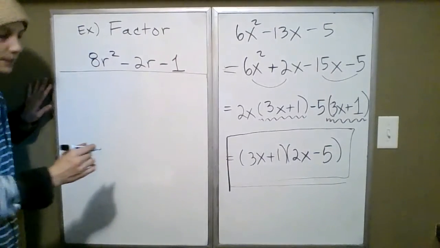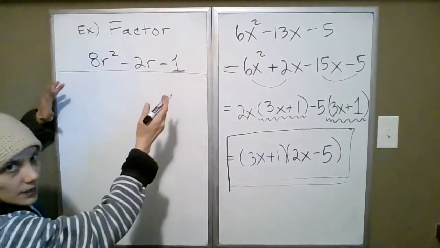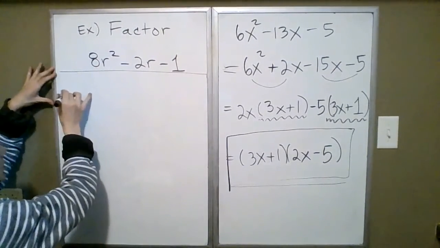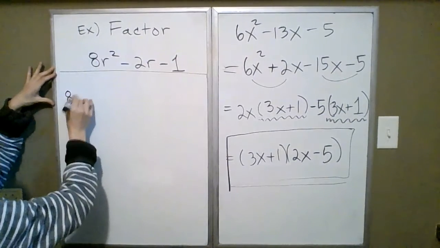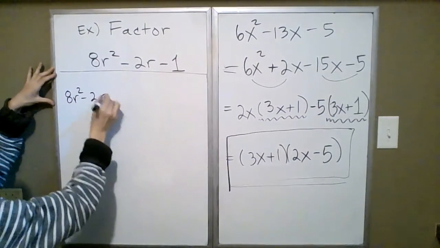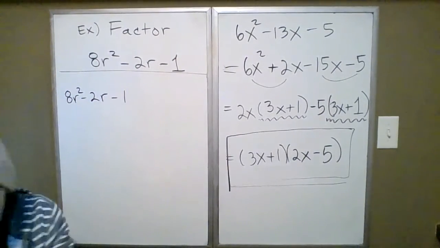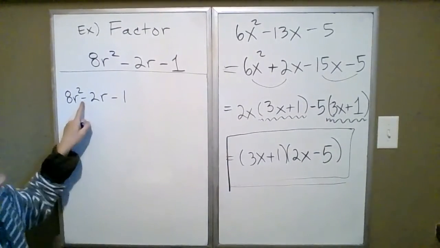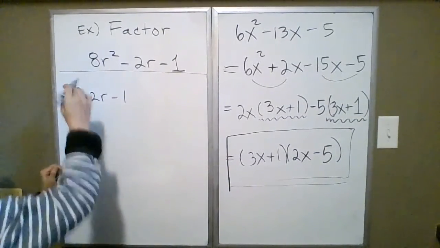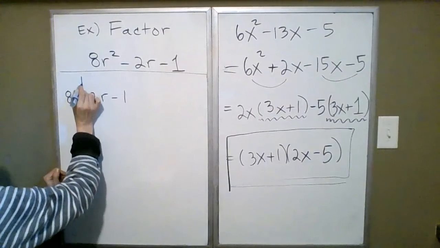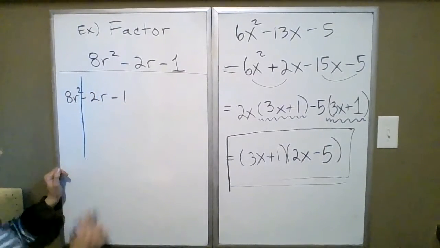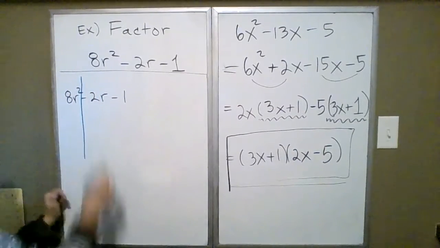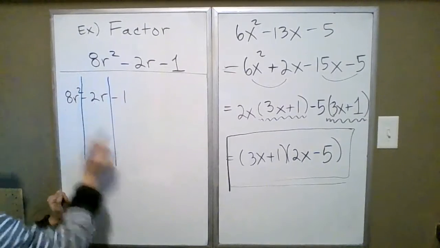So with this grid, let's copy this down, and then separate and keep this sign with its corresponding value. Like that negative sign is on 2r. So when I split this, I'm going to keep the minus sign there. And that negative sign with 1. So I'm going to draw a bar down through here.